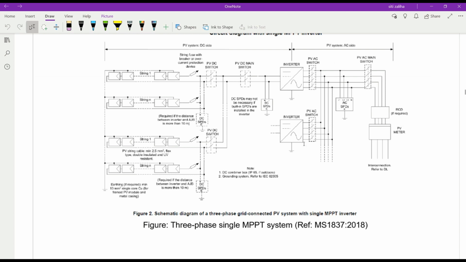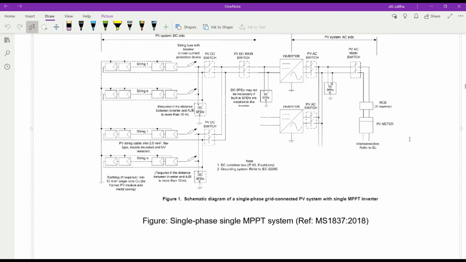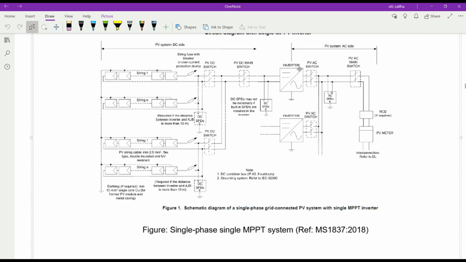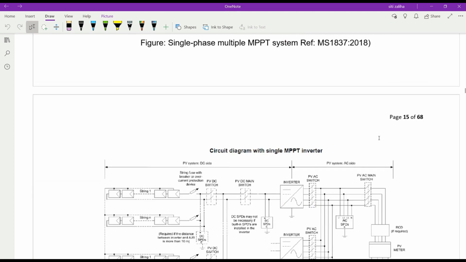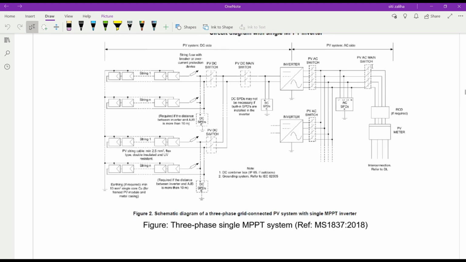And this connection is different from the single phase single MPPT inverter. If you refer here for single MPPT, single phase, you only have a live and neutral. Okay, this is single phase. But for three phase, you have three lives, 1, 2, 3, and then neutral. Okay, so the difference is on this side.